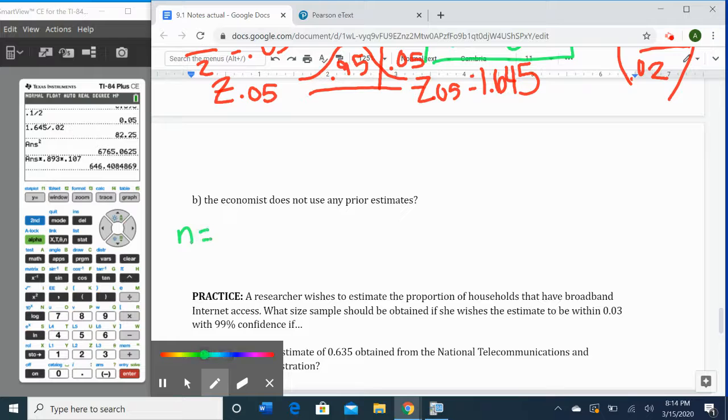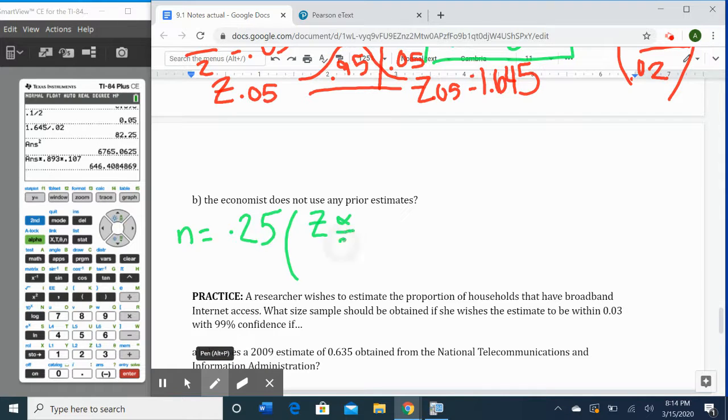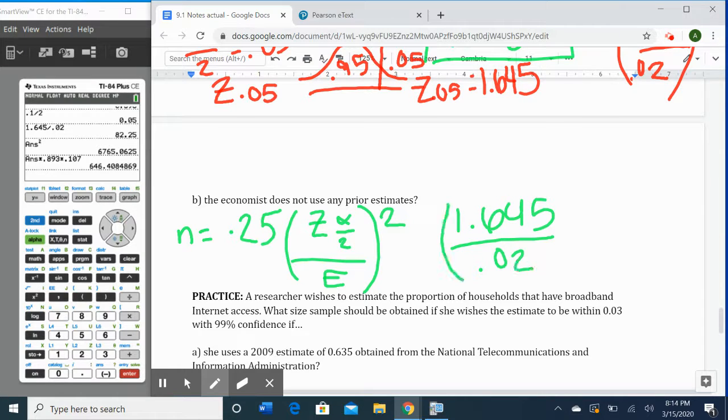So n is equal to 0.25 times z sub alpha over 2 over E squared. And we actually already did all the work of z sub alpha over 2. It's still 1.645. E is still within 2 percentage points, so 0.02 squared, and I'm just taking 0.25 times that.